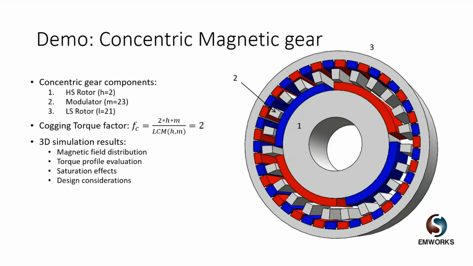This 3-dimensional field distribution is more pronounced than in the case of, for example, an IPM synchronous machine or brushless DC machine. They have only 1 air gap, and only have permanent magnets on the rotor, so this end leakage in the 3rd dimension gets even more pronounced in a magnetic gear, and that's why it's so important to use 3D simulation.